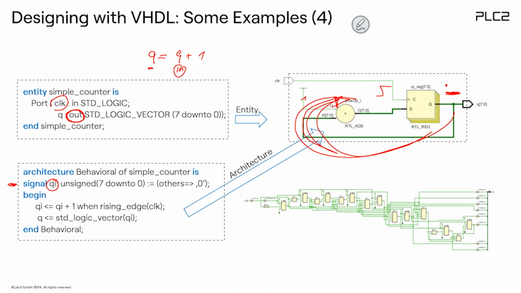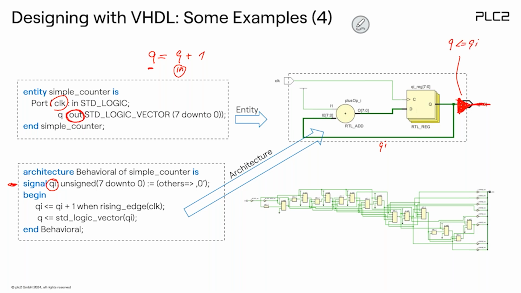You just use in and out. So this case would look like this. This would be QI, and then finally you just define here the output, and this is nothing else than Q is QI.